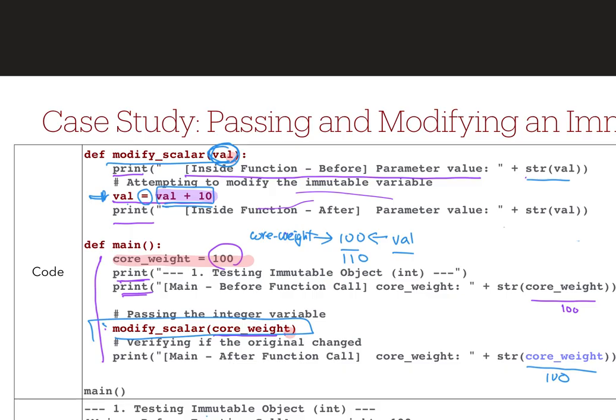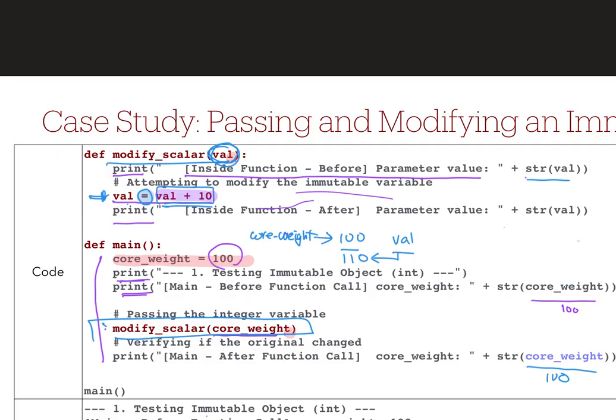But when you try to assign that value, at that point, the link between VAL and the previous 100 value will be disconnected. And since 110 is given to the variable named VAL, VAL is now representing this 110, not 100.